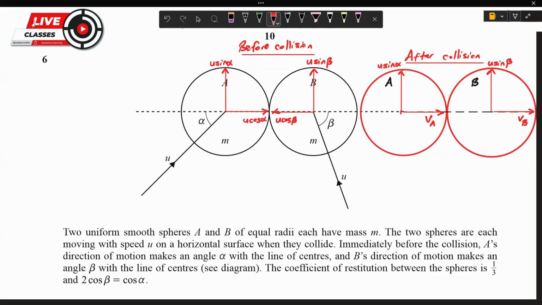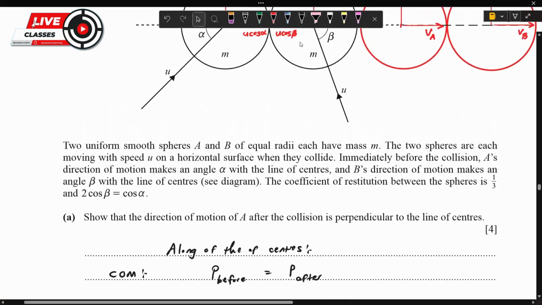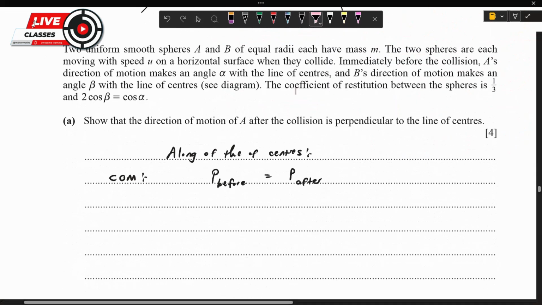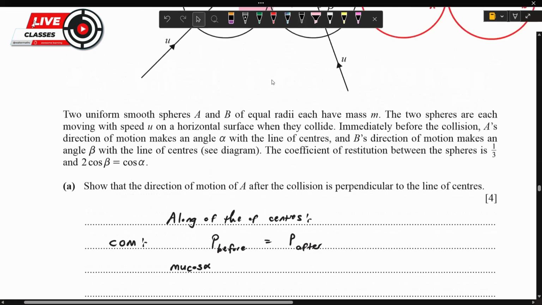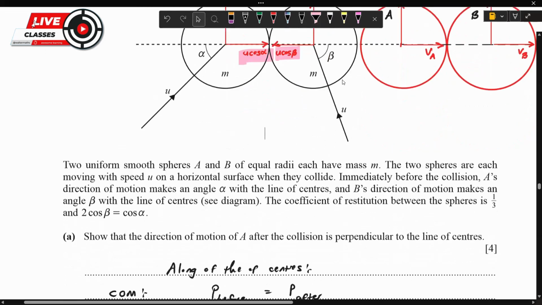All right. So along the line of centers, we will consider the principle of conservation of momentum, where the momentum before collision is equal to the momentum after collision. For the momentum before collision in the line of centers, we will have m u cos alpha, and we'll also have m u cos beta, but since it's going in an opposite direction, it'll be minus.